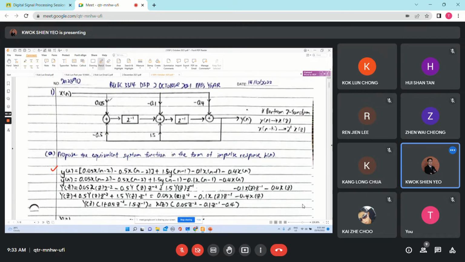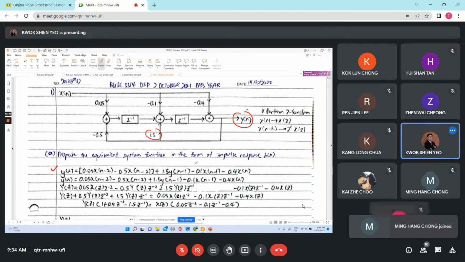Let me see. There's a yn, so there is a 1.5 of yn. Do you have this 1.5 of yn? Seems not. Let me see, 0.05 of xn. Do you have that? 0.4.